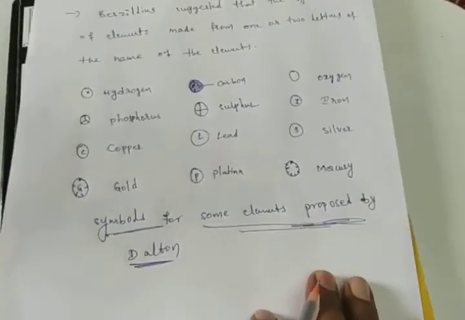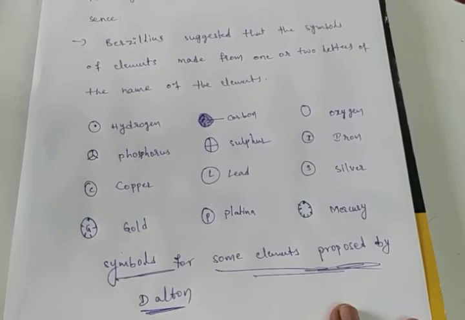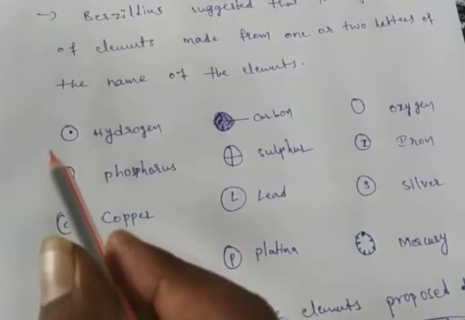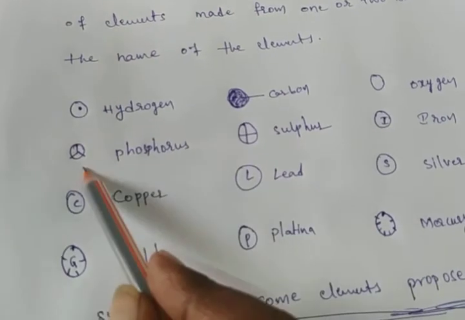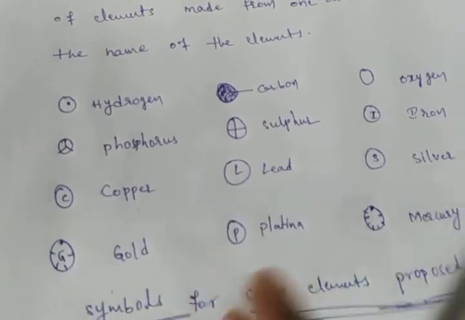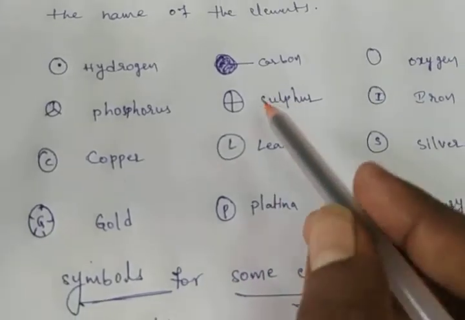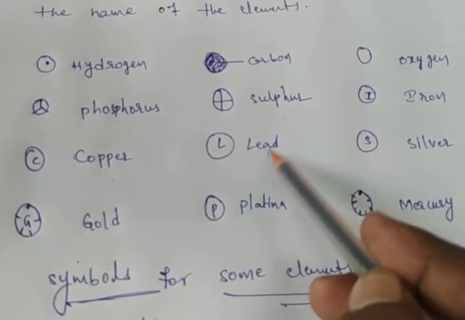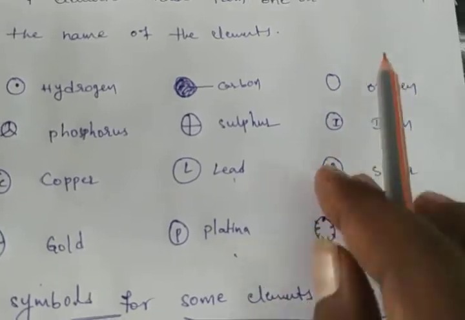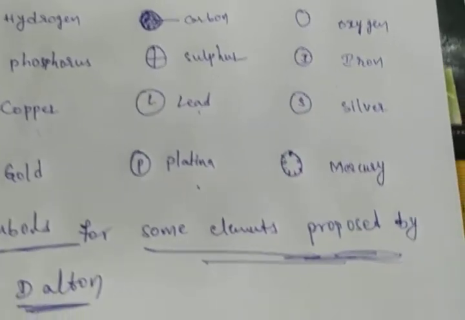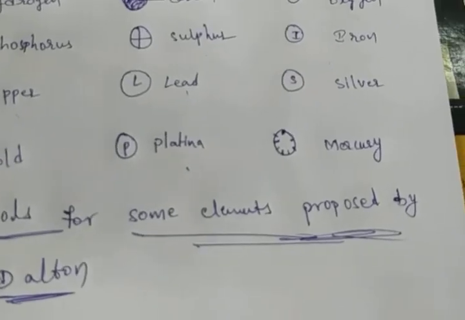So these are the symbols for some elements proposed by Dalton. According to Dalton, the hydrogen symbol is like this, and phosphorus is like this, and copper is the circle with C, and gold, carbon, sulfur, lead, platinum, oxygen, iron, silver and mercury. So these are the symbols according to Dalton.